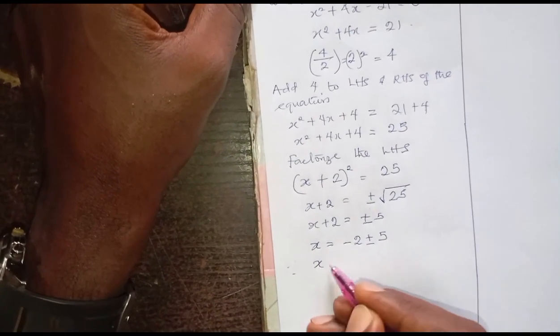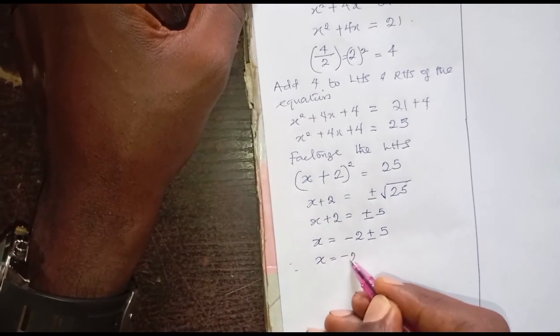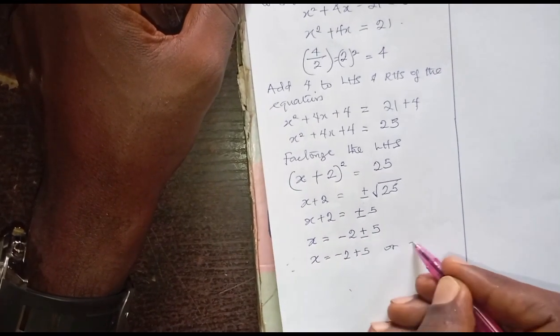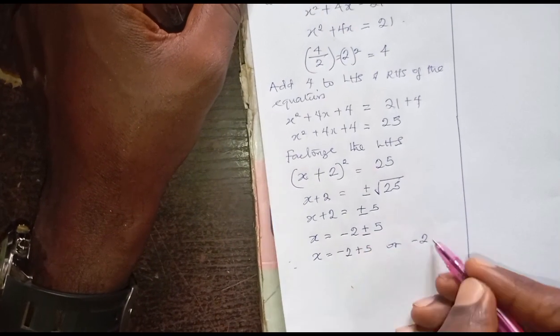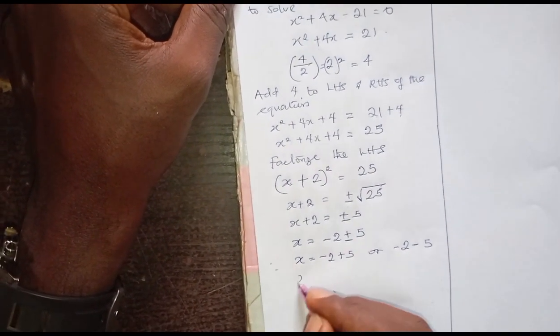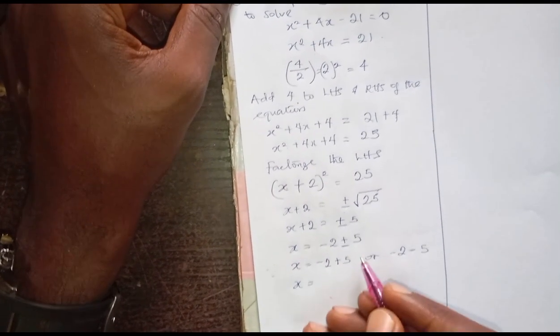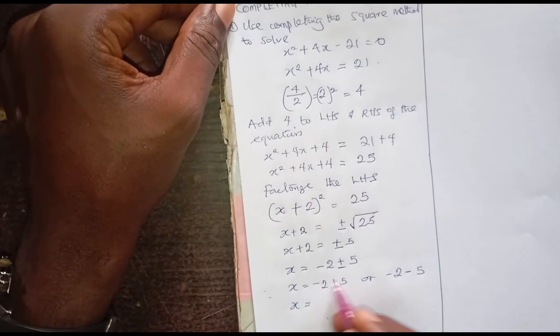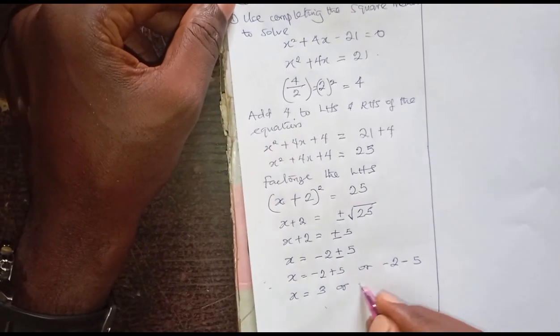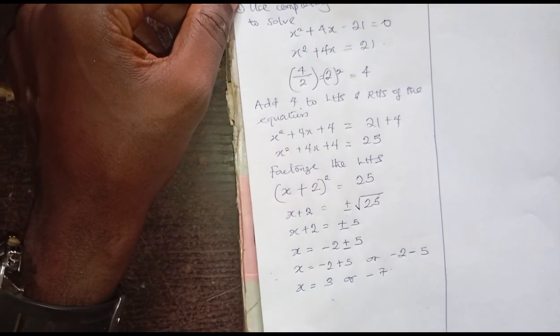My x is equal to minus 2, you pick the plus first, plus 5, or minus 2, you pick this negative sign, minus 5. So we are going to have x equals minus 2 plus 5, that will give us 3, or minus 2 minus 5 is minus 7.